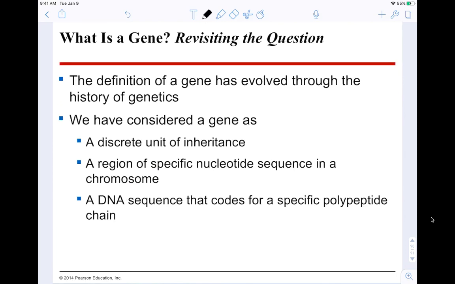So what's a gene? Revisiting our question from the very beginning. The definition of a gene has evolved over time. It's changed a whole lot. We've considered a gene as a discrete unit of inheritance, dealing with more like Mendel, the region of specific nucleotide sequence in a chromosome, more like Morgan, and the DNA sequence that codes for a specific polypeptide chain with Beadle and Tatum.